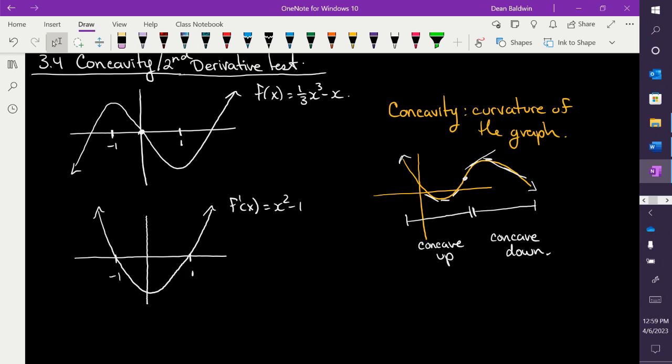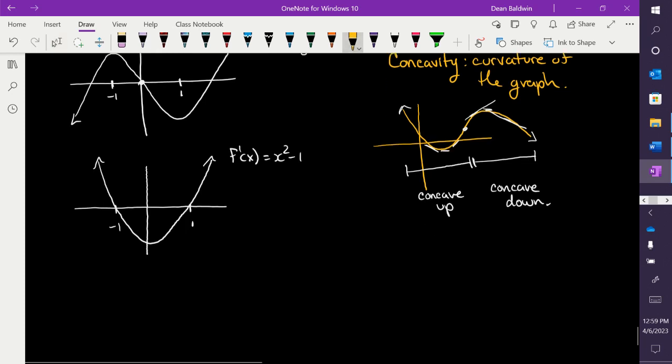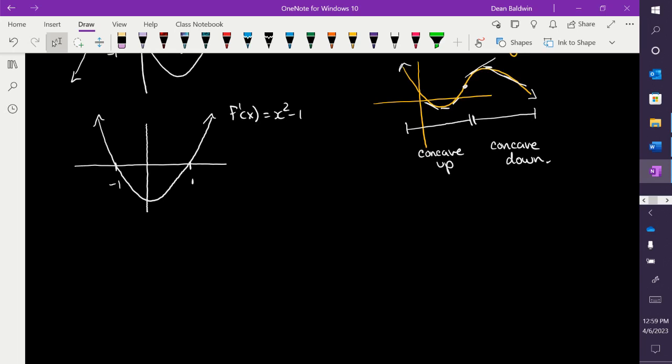If we then do the graph of the second derivative, we're going to do the derivative of this. What's the derivative of x squared minus 1? 2x. If I sketch that graph, what does that graph look like?